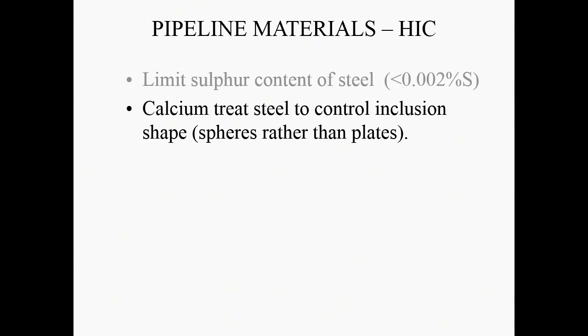So instead of getting a long, thin plate of the inclusion, you get lots of small, round droplets, spherical droplets. And spheres are much better than plates or laths of material. So again, a small amount of calcium in the steel, that's probably what it's been added for.